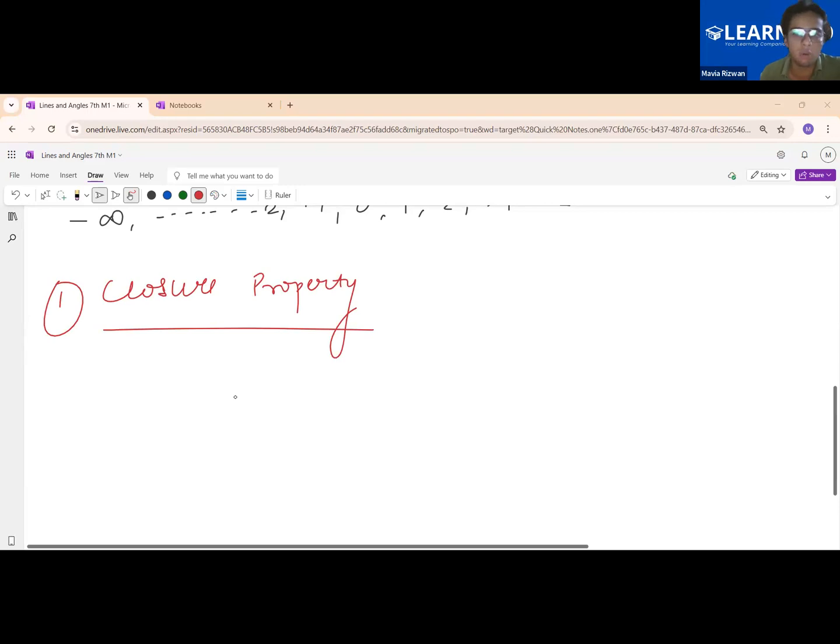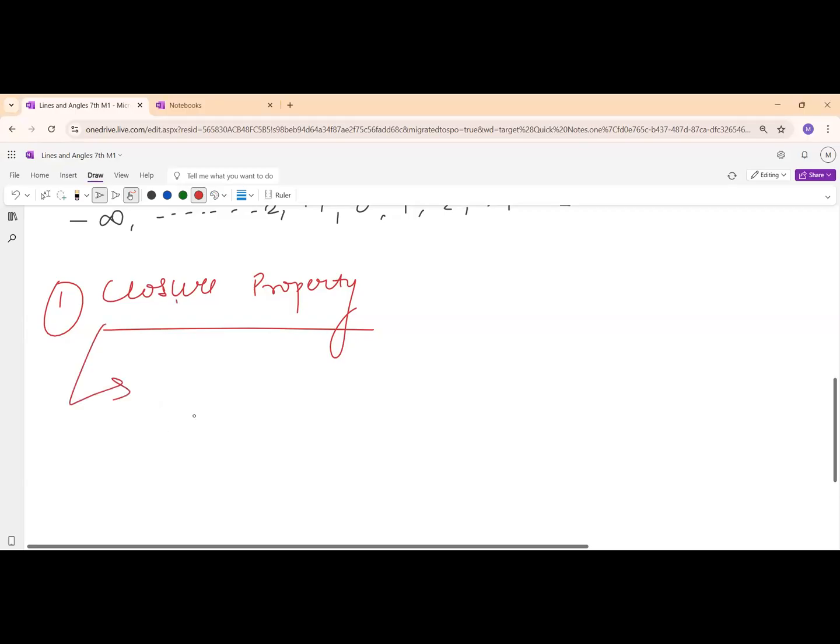How do I explain it? See, let's say that I do minus 4 plus 2 in closure property. Achha, before that, I need to tell you how to do addition and subtraction, right?